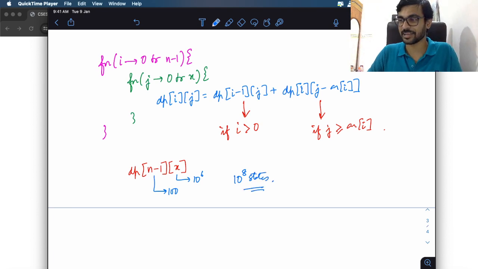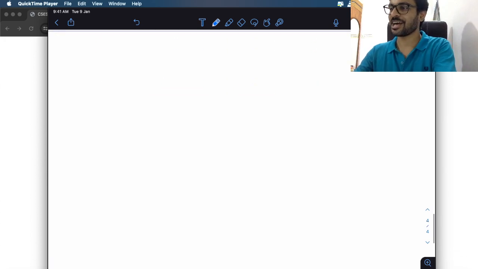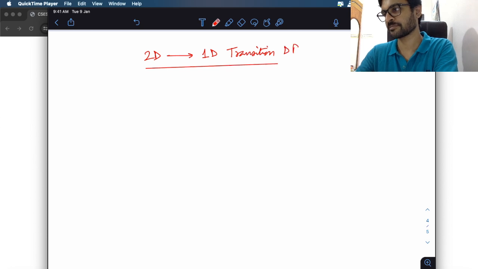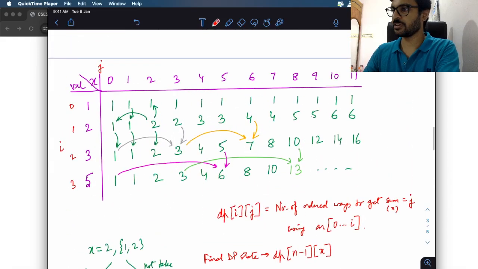Space complexity is very high. So then the question arises, can we improve the space complexity? This is a very interesting DP strategy of 2D to 1D transition of DP. So let us look at this. We basically did this computation.